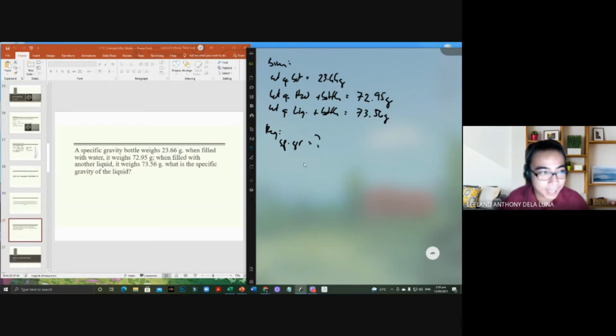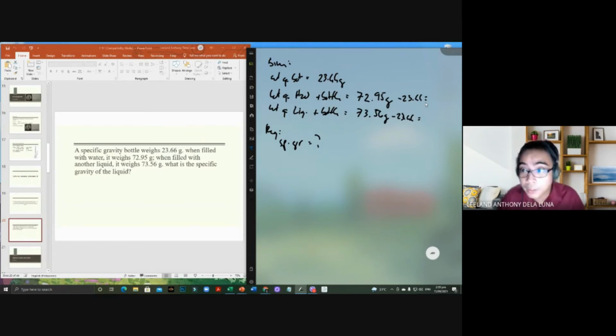So normally, class, pag ganito na yan, pwede naman natin gamitin dito, diba ang ating formula kanina, which is weight of the substance over weight of water that's of equal volume to the substance that we're looking for. So basically, class, kunin ko muna dito yung weight ng aking water. So minus 23.66 para makuha ko yung mga weights nila.